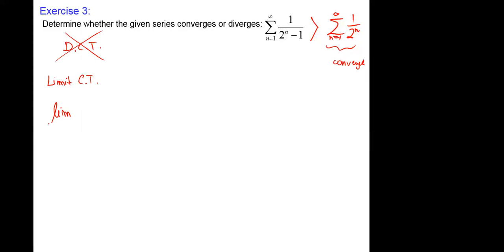Let's see. The limit as n goes to infinity of a sub n over b sub n. What is a sub n? It's my original one over this one. Who can tell me that limit?